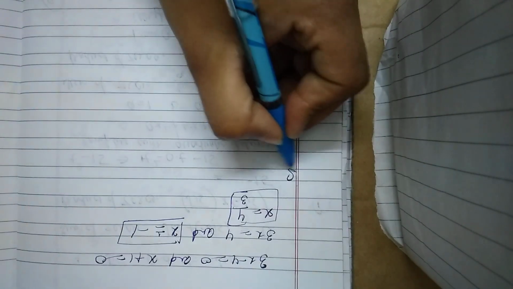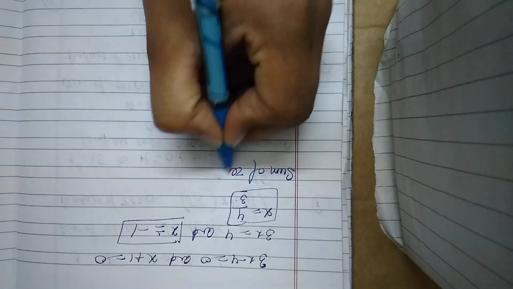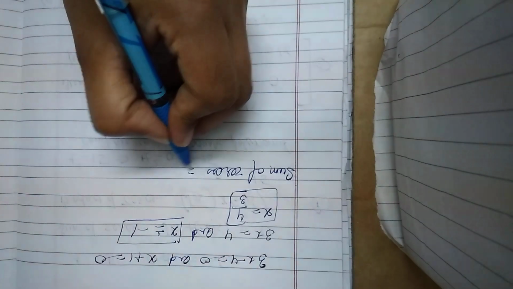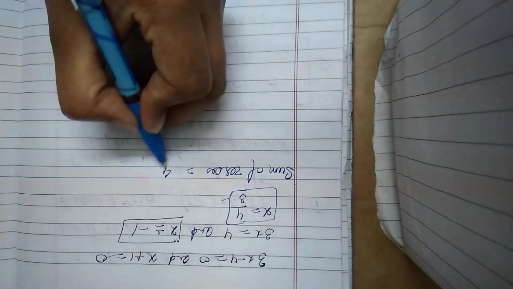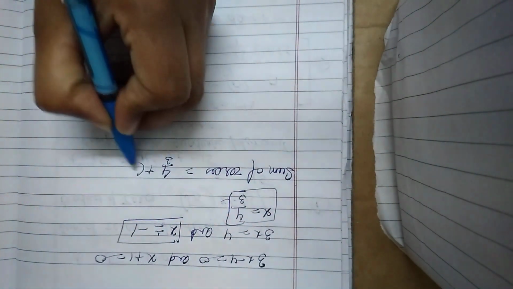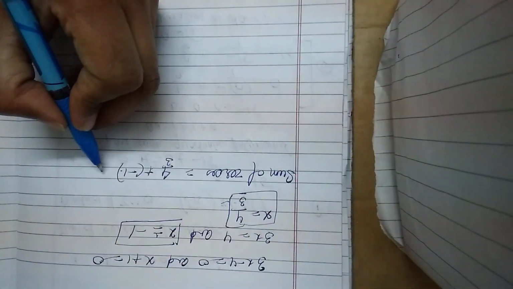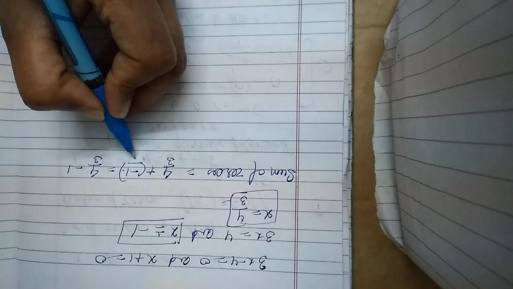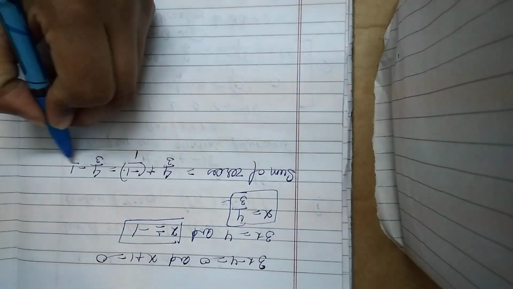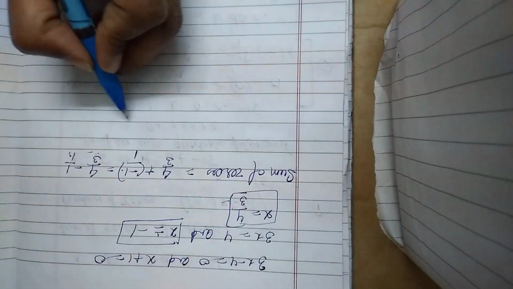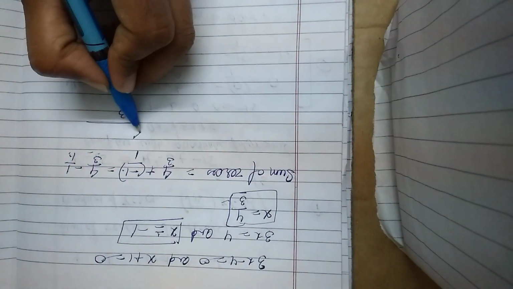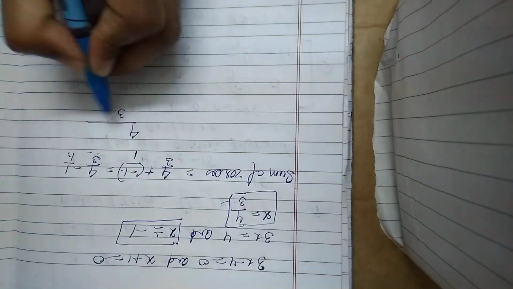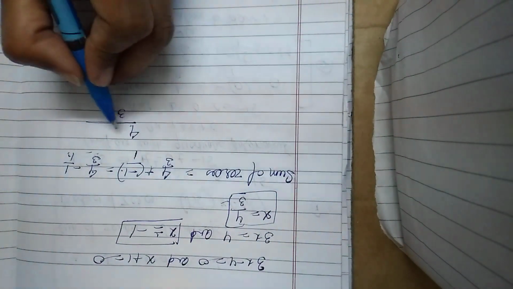Now we find the sum of zeros with the help of the zeros: 4 by 3 plus minus 1 becomes minus. If the denominator is not there, we can write 1. Taking LCM of 1 and 3, we get 3. 3 divided by 3 is 1, 4 multiplied by 1 is 4.